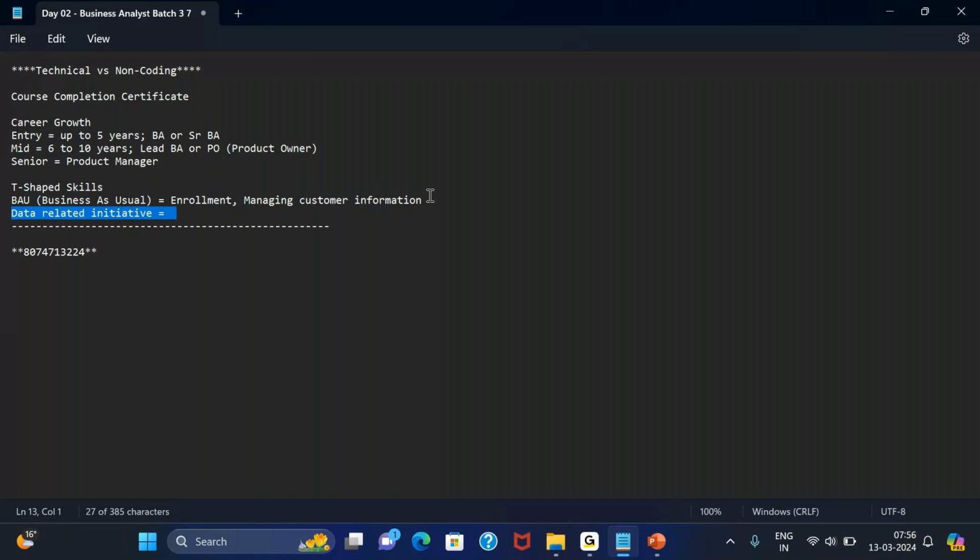I would say that in the starting of your career you should aim for software development. Learn the different aspects of business analysis. Once you are comfortable or once you know the basics, then at any point in time you can switch between your projects, because you know what a business analyst does. In the starting itself, if you get to data related initiatives, your learning may not be very solid.